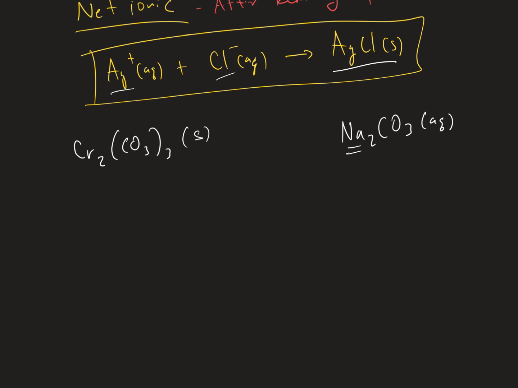Tell me if you want more time, or do you want the answers? Here's the answer sheet. Silver perchlorate. Since perchlorate is in there, are there any exceptions for perchlorate? No. Then that means it's soluble. But silver is an exception.